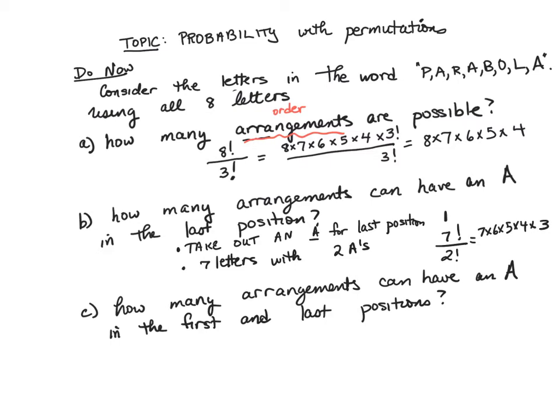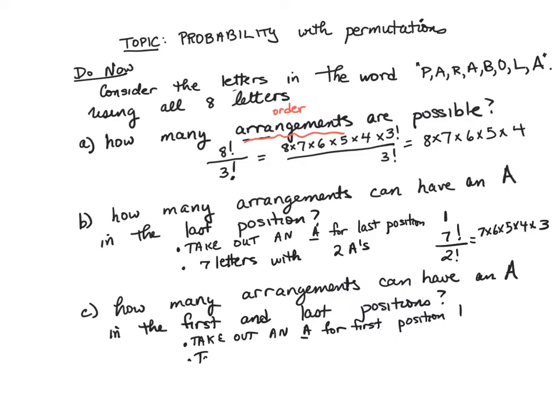Now, how many arrangements can have an A in the first and last positions? Well, okay, in the same way, we're going to take out 2 A's and reserve them for the first and last position. So take out an A for the first position. That's one way.